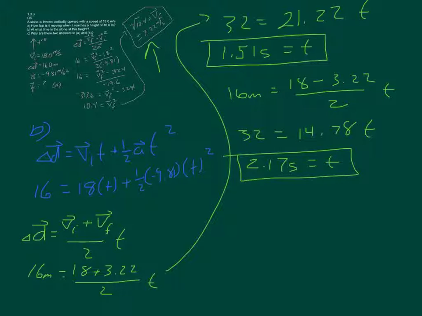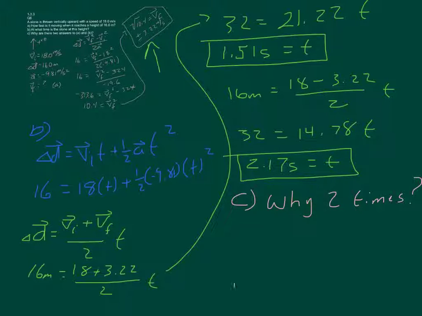Why are there two answers to A and B? That was part C. So it makes sense to have two answers. So part C says why 2 times. And if you think about it, right, the stone would actually be at that height twice.